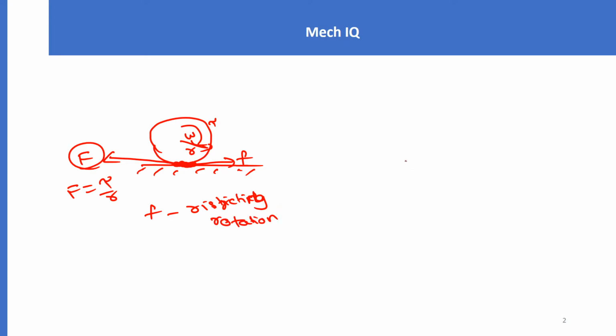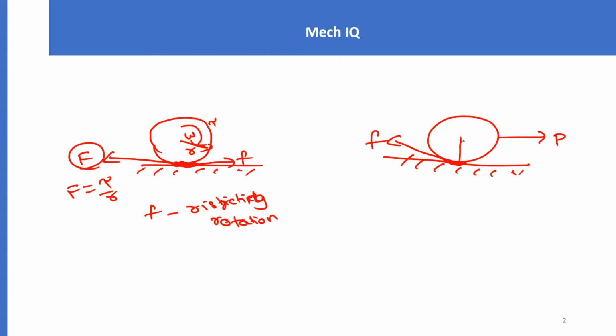Let us see another case. Let us say there is friction on the surface. Now you just apply a force called P. Now what will happen? Because you are applying force in this direction, the friction will be here like this. But what is happening? It forms a couple P F, and it will result in rotational motion like this.